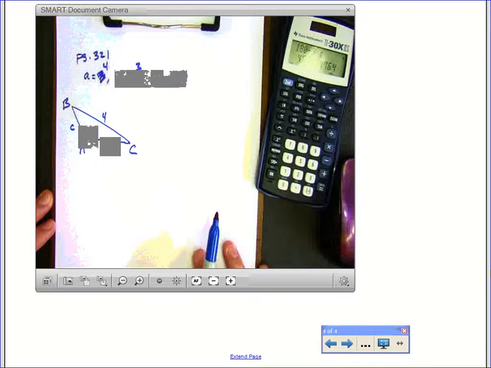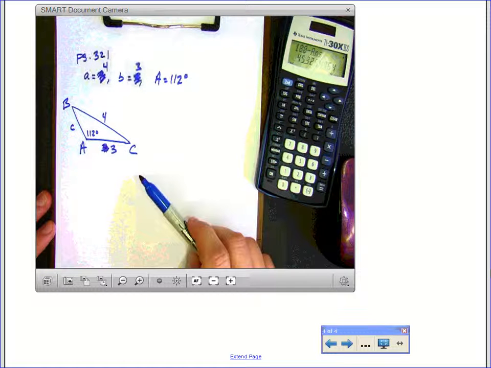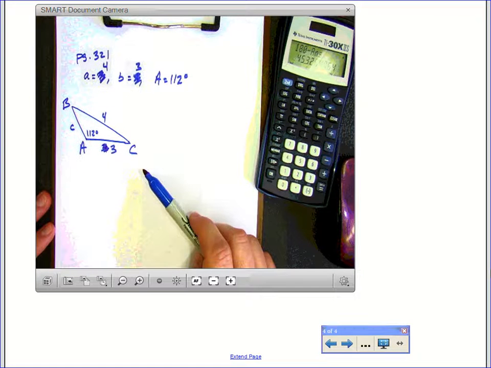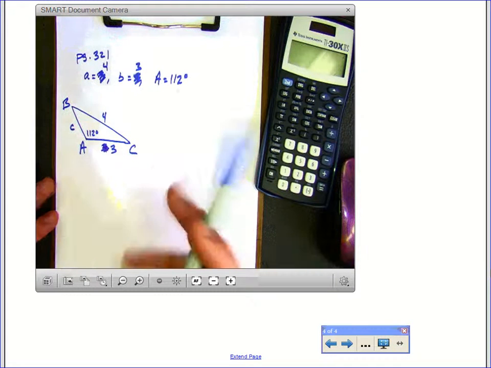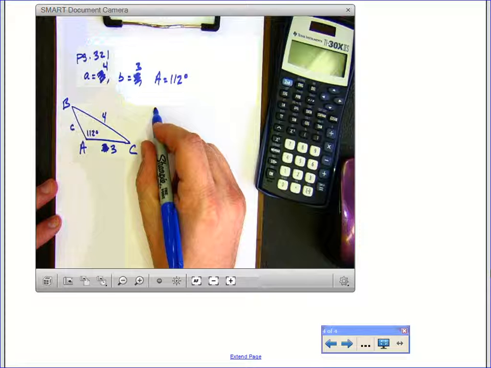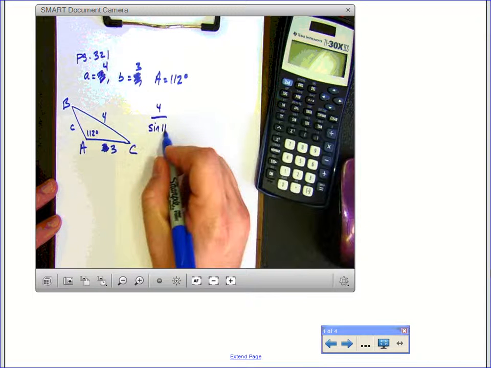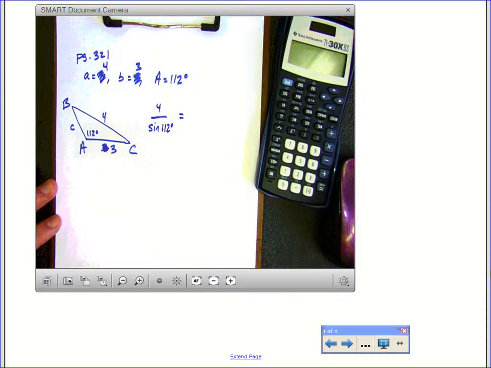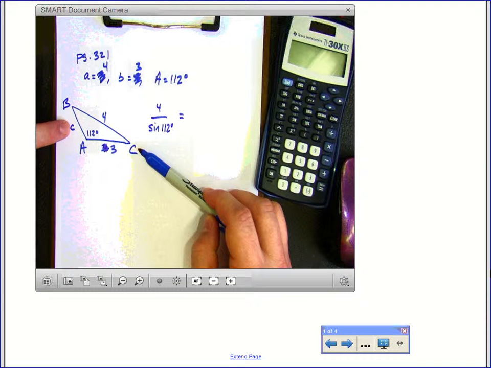So let's solve it. Now, let's use law of sines. Now, which ratio do you know? Because we're going to start off with that one. The A or the B or the C? The A, because you got both angle and side. All right, so we do 4 over sine of 112. Now, let's see what we can find. Could we find like maybe angle C or side C?